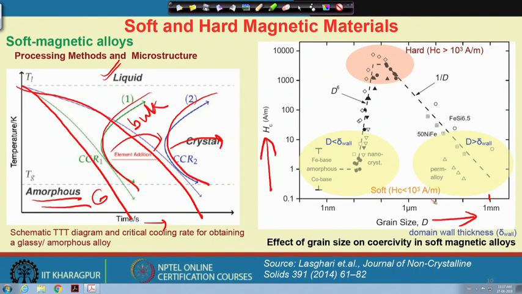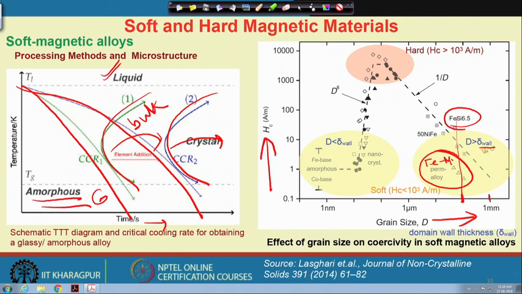In a grain size of 1 millimeter, or 10 micrometer or 100 micrometer, these are iron nickel alloys called Permalloy, or some silicon steels. They have such kind of grain sizes.